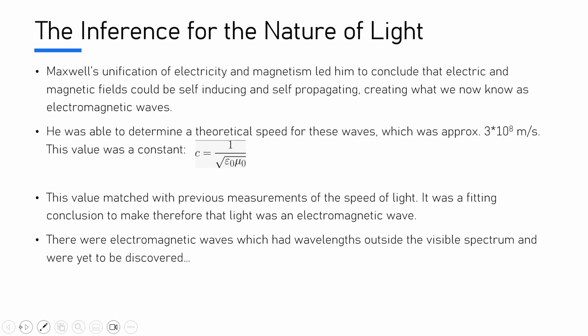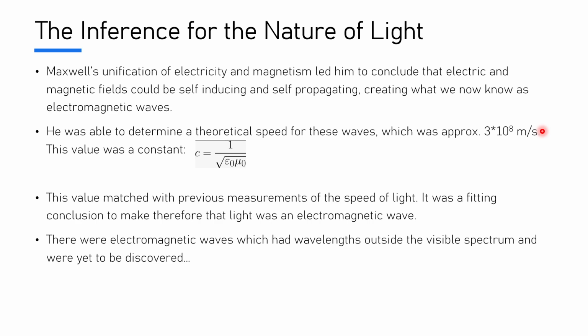Furthermore, once he figured out the speed of this electromagnetic wave using c equals 1 over root epsilon naught mu naught, and estimated the speed of these waves, at least theoretically, to be 3 times 10 to the 8 meters per second, he quite quickly cottoned on to the idea that other scientists were measuring the speed of light and getting values which were near identical.